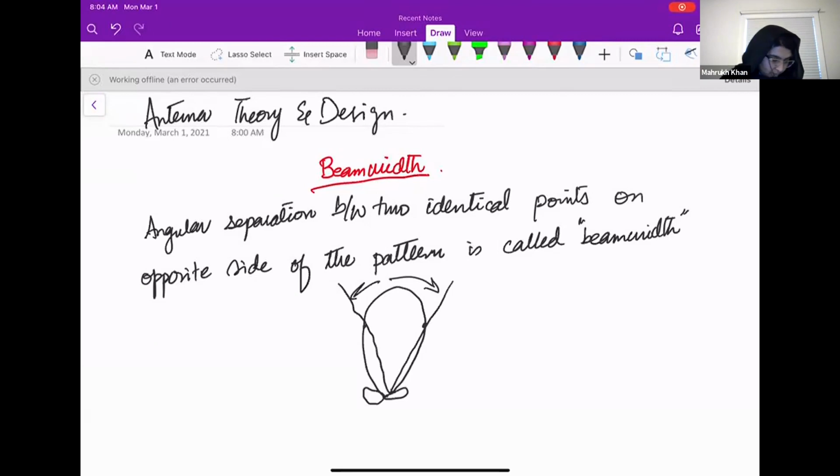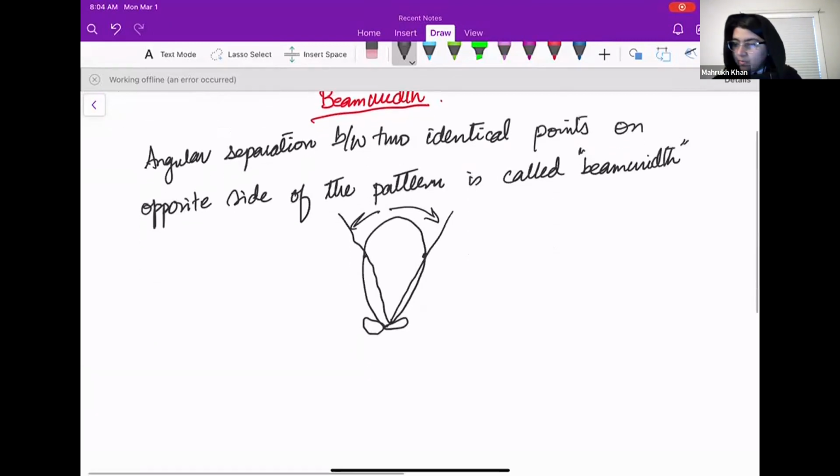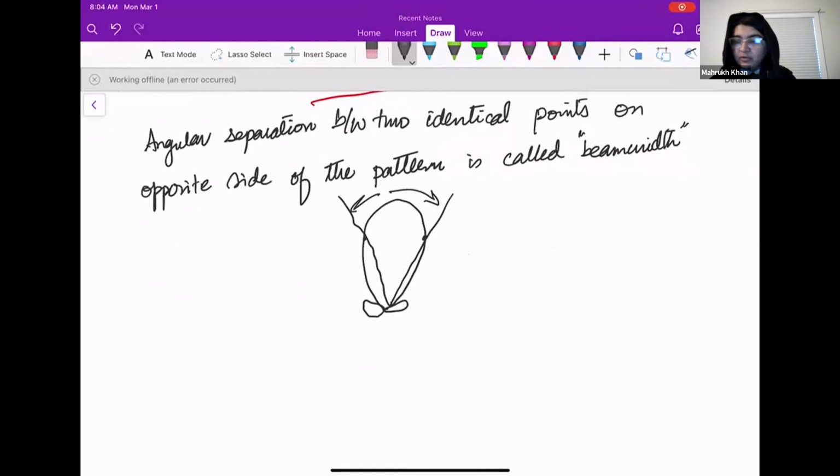Okay. So now, what is half power beam width, which we always talk about?